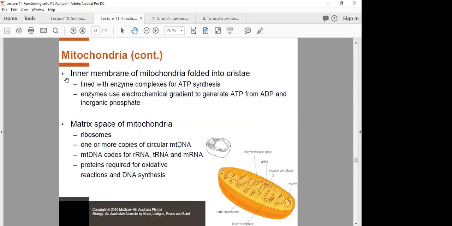Okay, let's recap. The inner membrane of mitochondria is folded into cristae. This membrane is lined with enzyme complexes required for the synthesis of ATP.